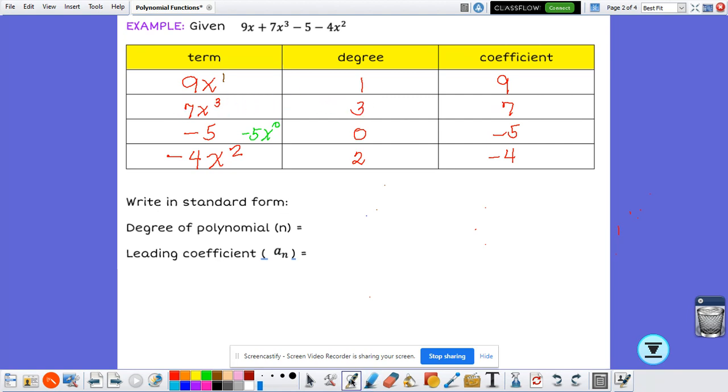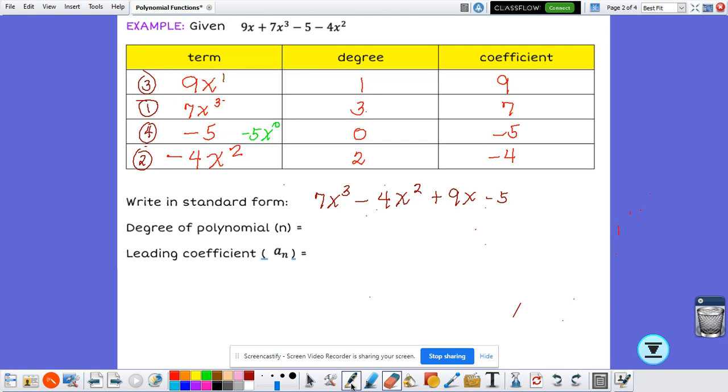Therefore, our first term in the standard form is 7x cubed. The next highest degree is 2. So the second term would be negative 4 or minus 4x squared, followed by the degree of 1, which is plus 9x, and the last term would be minus 5.